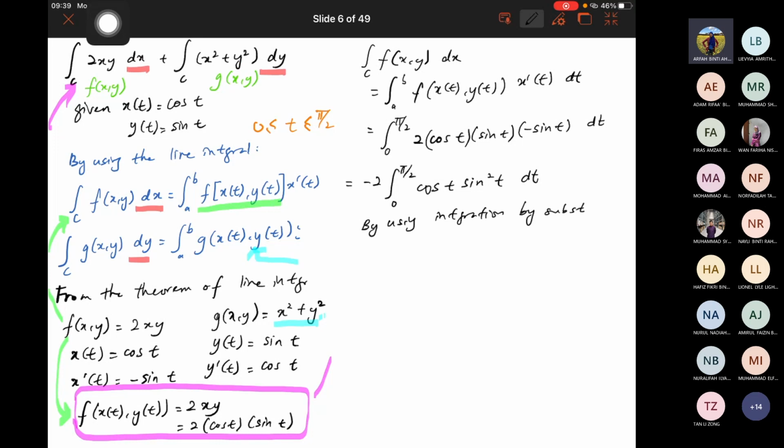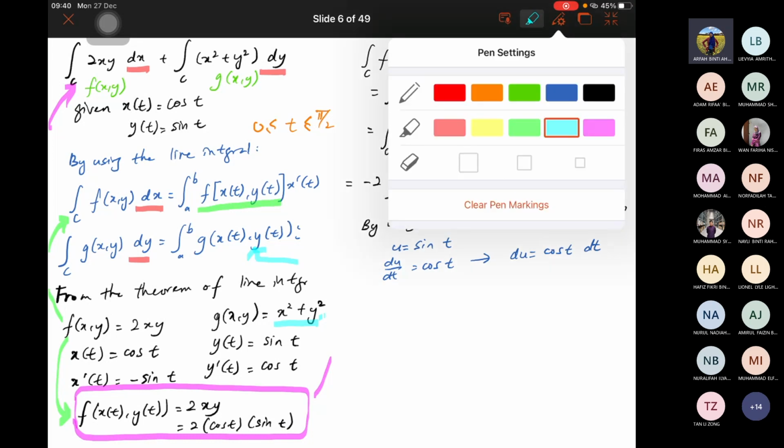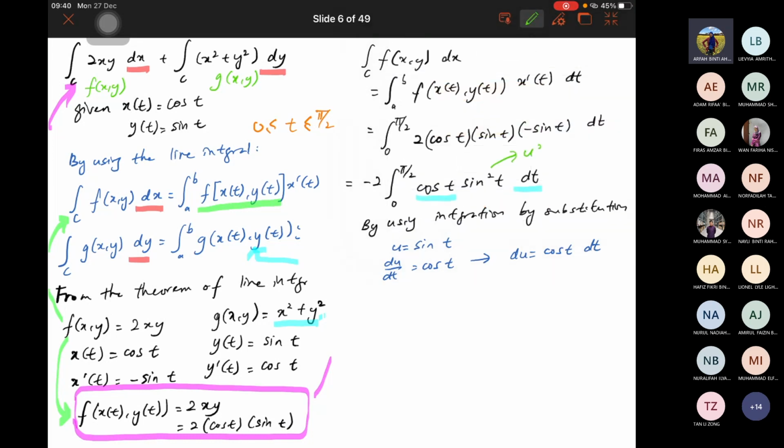Integration by substitution, meaning that taking your u sama dengan sin t. Okay. du over dt equal to cos of t. So du equal to cos t dt. So you get the term of cos t dt, and this is your u squared.